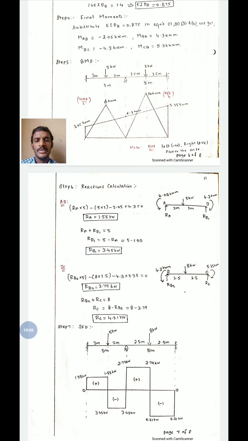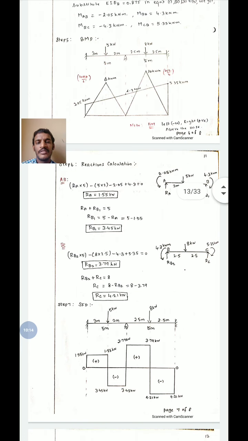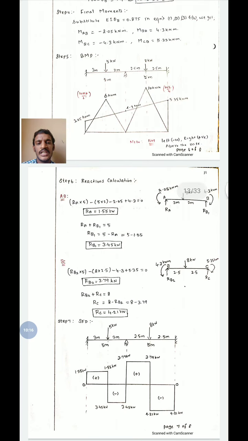For the AB portion, RA and RB1. Because B is the middle point, we have to consider it in both the AB portion and the BC portion. Therefore, it is treated as RB1. In the BC portion, we will consider it as RB2.